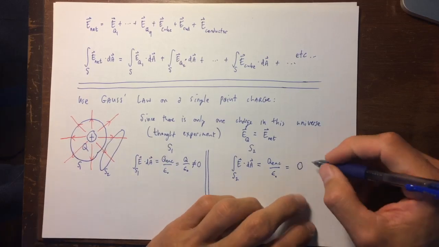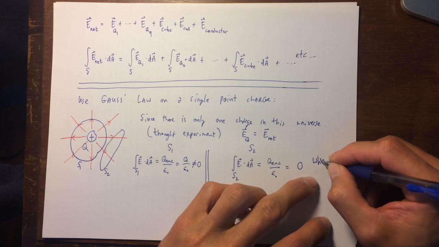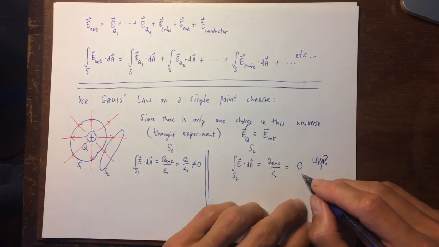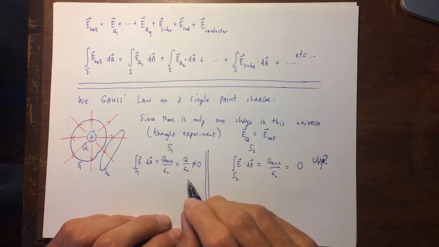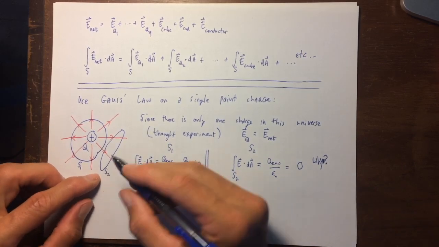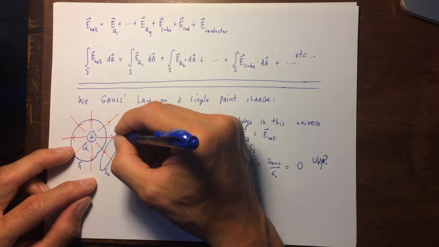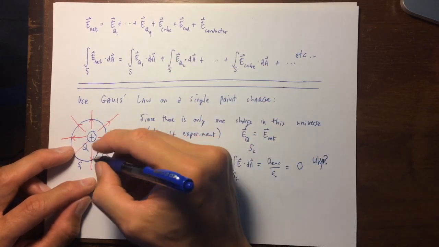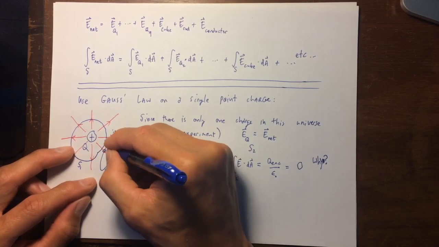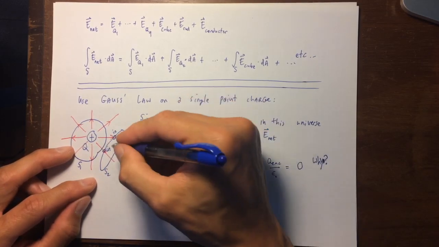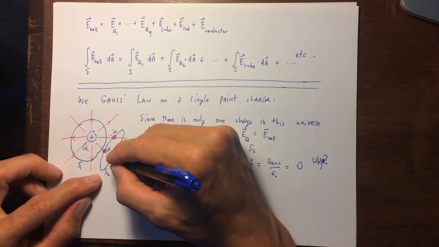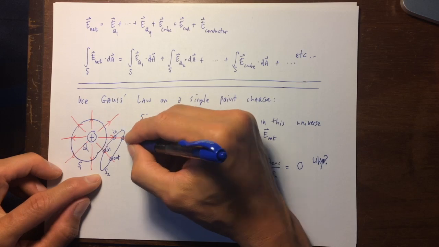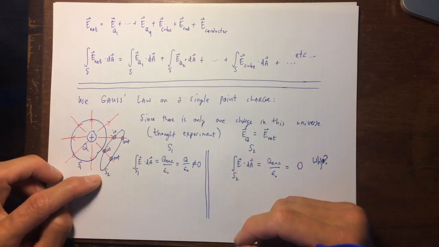Okay, so why is it 0 here and why is it not 0 there? Because if you look at S2, S2 has electric field going into the surface here and electric field going into the surface there. S2 also has electric field piercing out of the surface there and piercing out of the surface there, right?